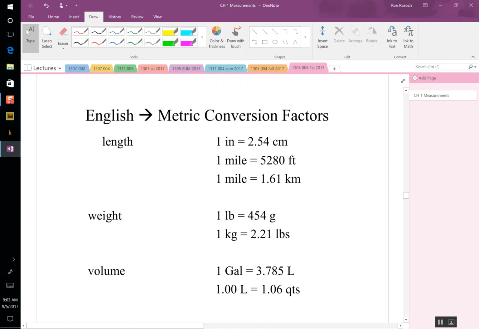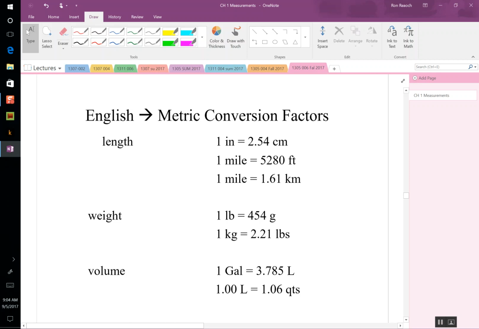Here are some conversion factors. Notice the 3 main categories of measurements: length, weight or mass, and volume. Those are 3 different parameters that we measure. You can see the English units for length, inches and miles, and the metric units, centimeters and kilometers.